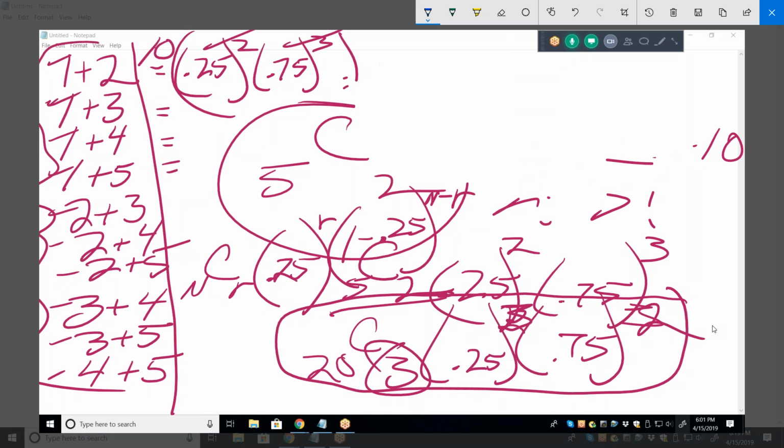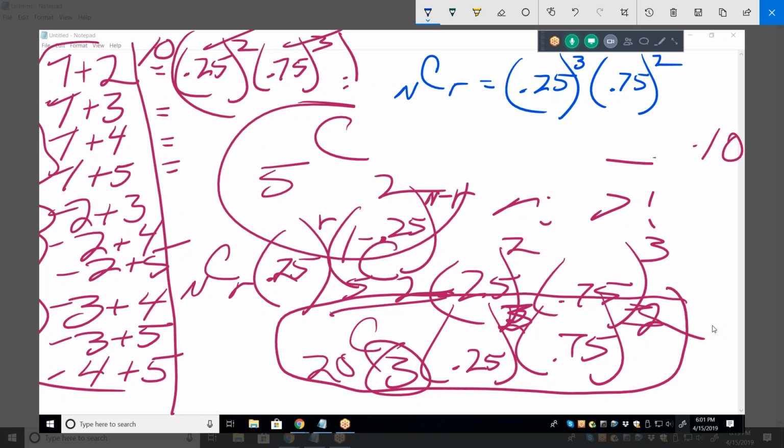In other words, on any general problem such as this, since you're trying to get 3 correct, it's going to be 20 choose 3, well, that's that. And the 1 minus, these two have to total 5 in this case.